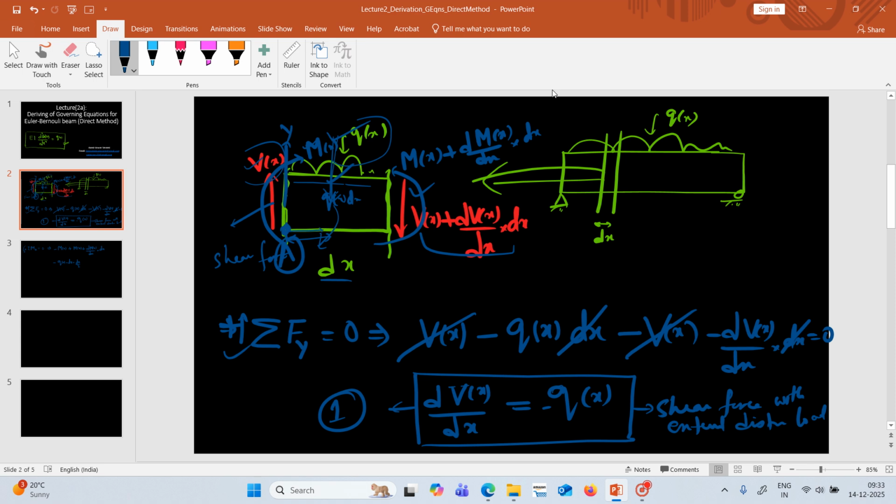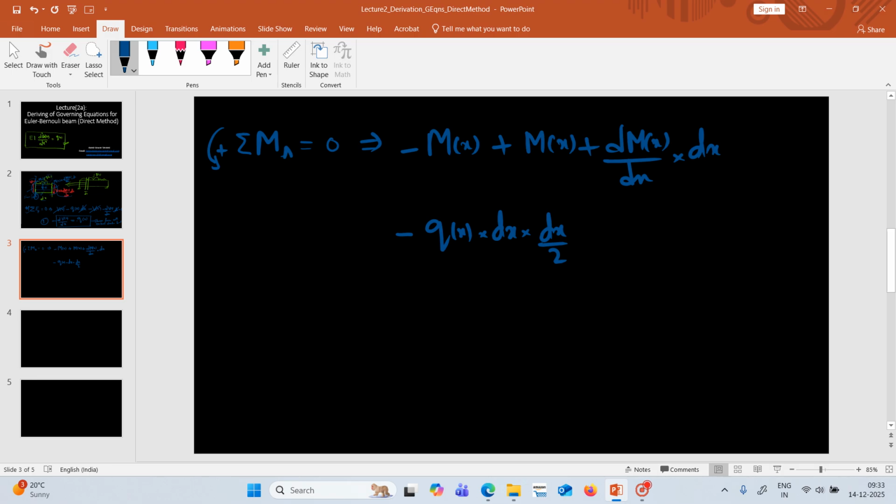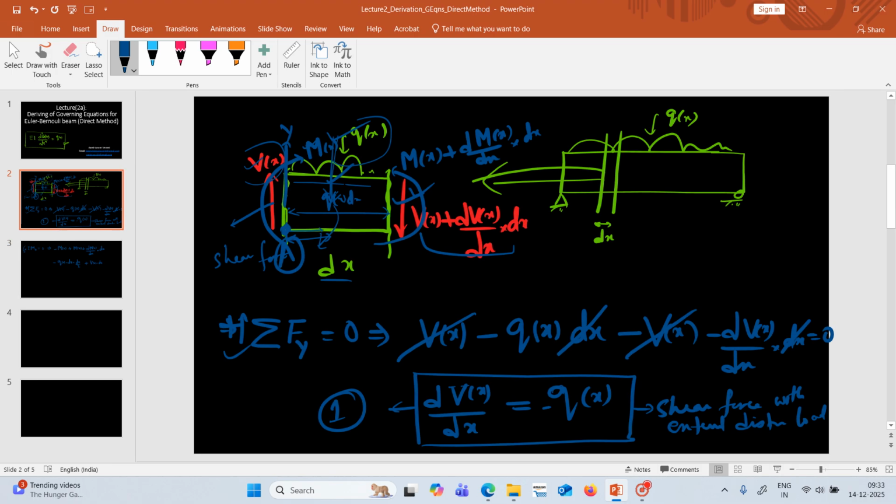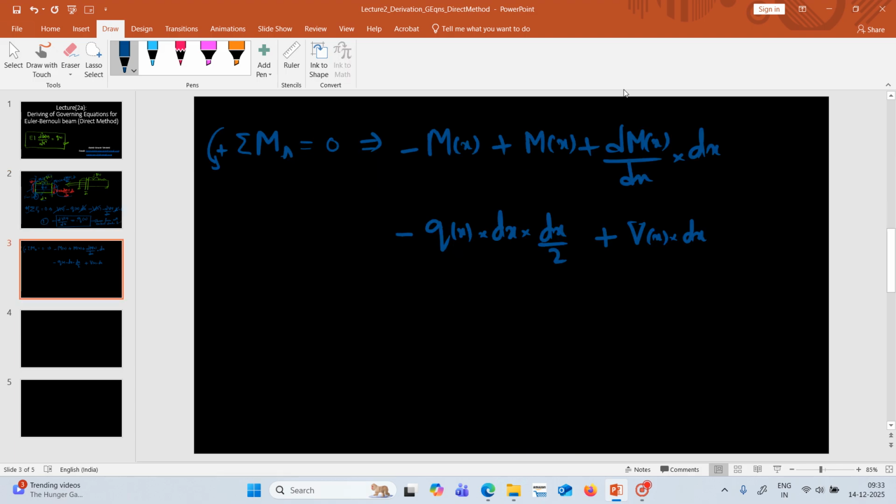Then which one is remaining? This one: V(x) plus dV(x)/dx into dx, and the distance from this point to this point is dx. So plus V(x) into dx distance, and the other term should also be minus, since it is giving the clockwise direction: minus dV(x)/dx into dx into dx.